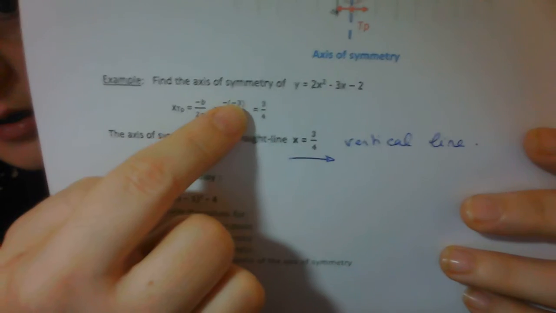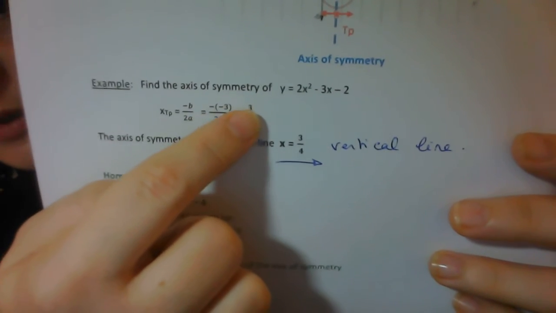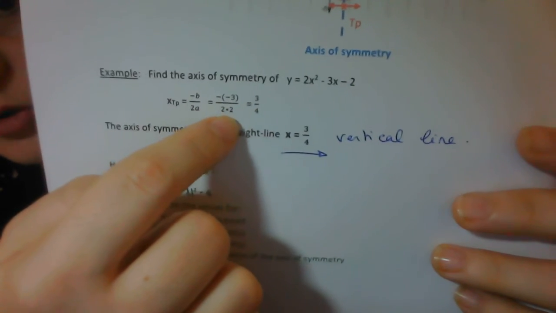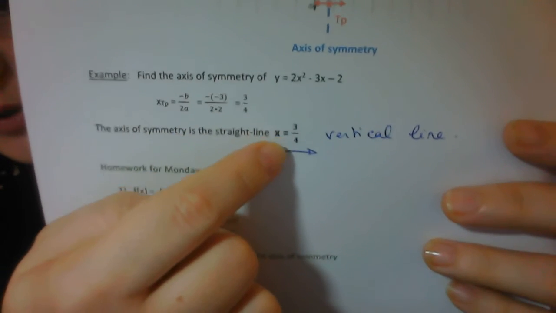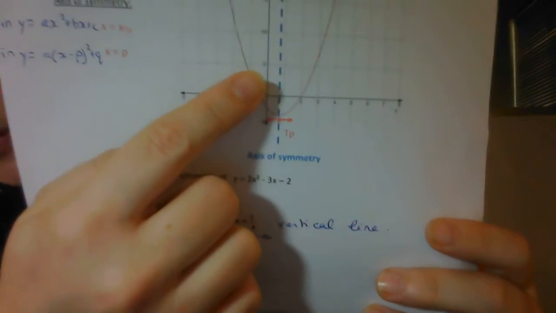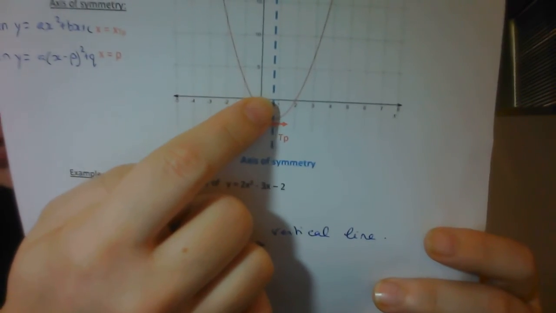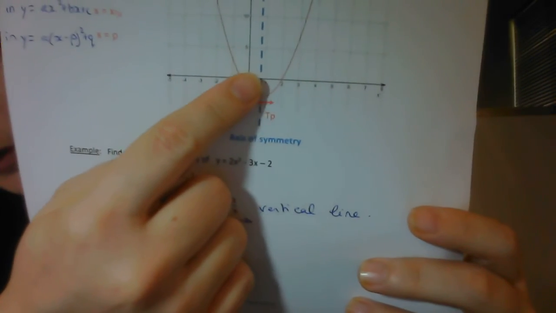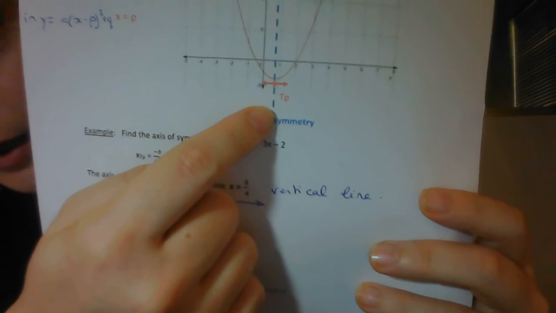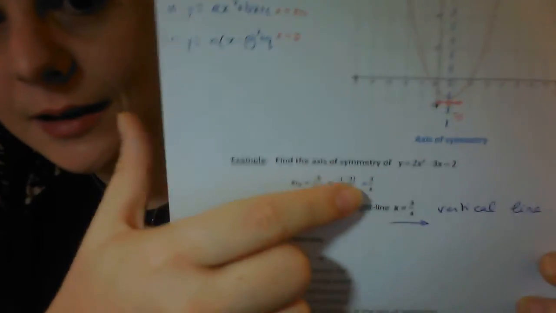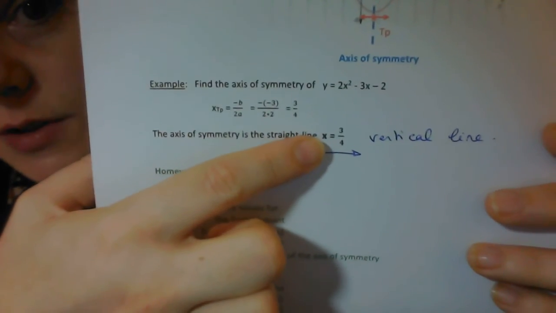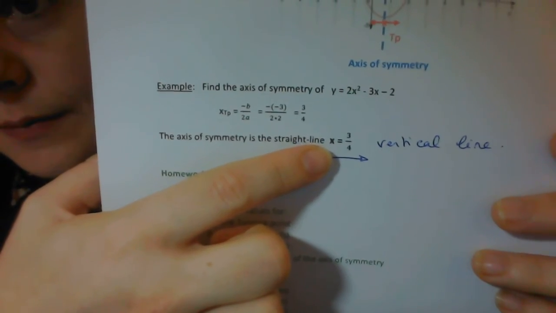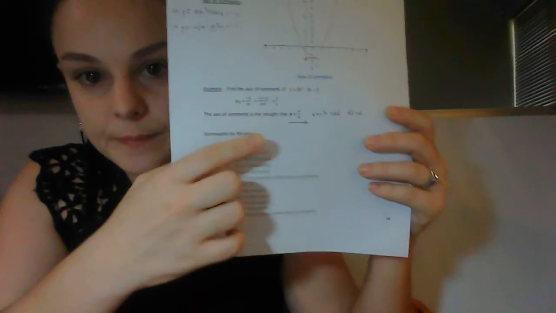Those two minuses give me a positive 3, and 2 times 2 is 4. So the x value of the turning point is 3 over 4. So that's the equation of my vertical line: x equals 3 over 4. That's the axis of symmetry, at the x value of the turning point.